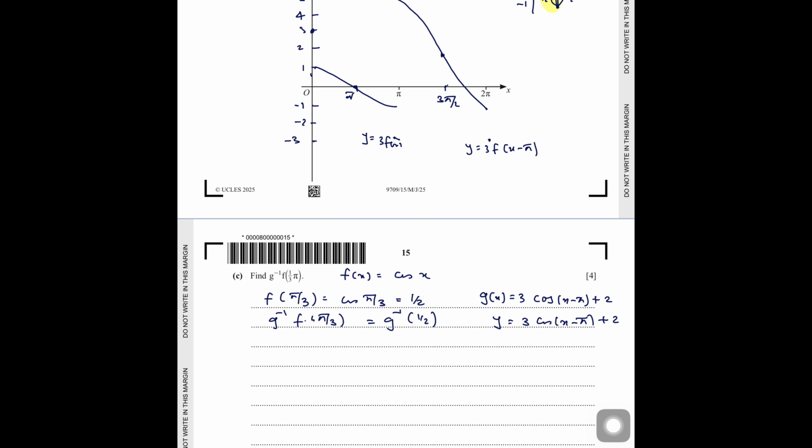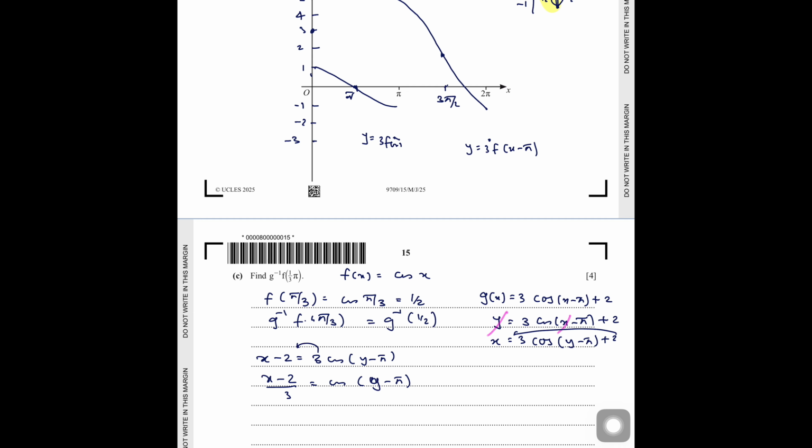Now interchange x and y and then make y the subject. So x equals 3 cos(y minus pi) plus 2. Send this to the other side. x minus 2 equals 3 cos(y minus pi). Send 3 to the other side. x minus 2 over 3 equals cos(y minus pi).